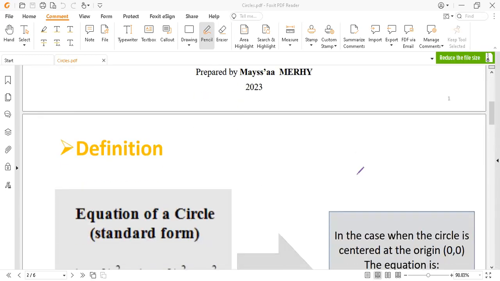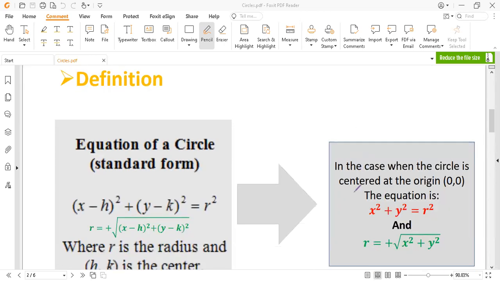First of all, the standard form of a circle is (x - h)² + (y - k)² = r².